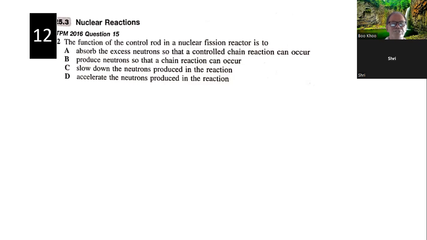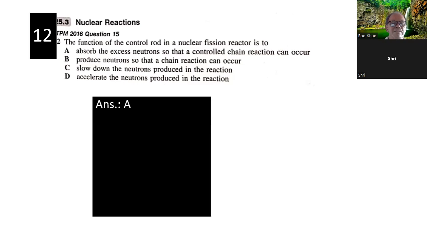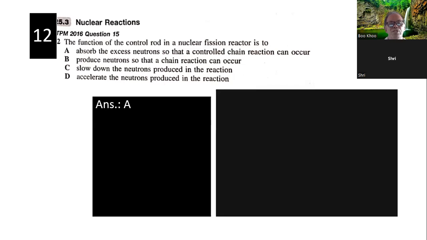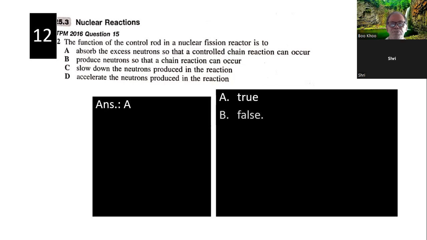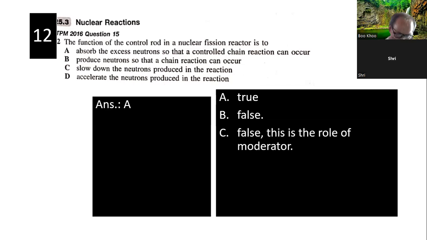You want to control the chain reaction. If the chain reaction is out of control, then it will be an explosion or meltdown. A lot of energy is produced. Produce neutrons so that the chain reaction can occur? No, that's the role of the moderator. Slow it down to thermal neutron. Slow down the neutron, produce the reaction? No, that's the role of the moderator. Accelerate the neutron to produce reaction? No.